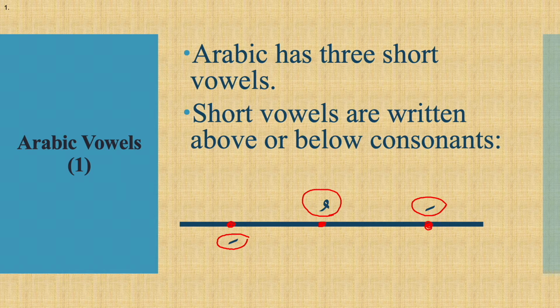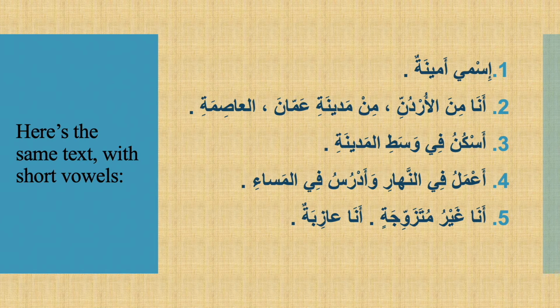So the short vowels in Arabic are a, u, and I, and they are written above or below the consonant, depending on which vowel it is. The vowel a is written above, the vowel u is written above, and the vowel I is written below the consonant. And here's our text with all the short vowels.